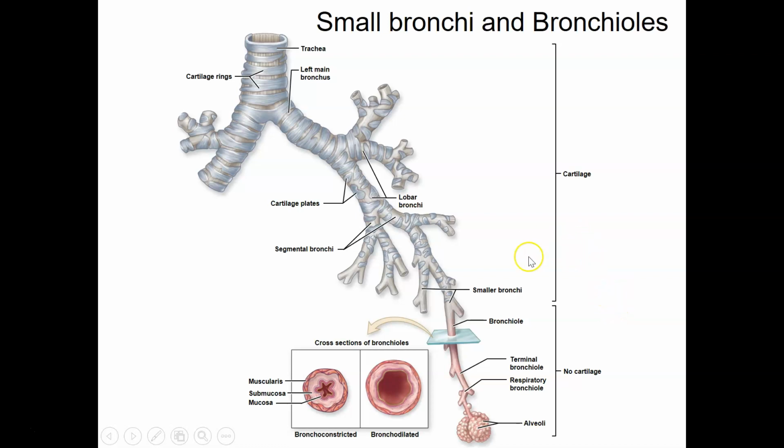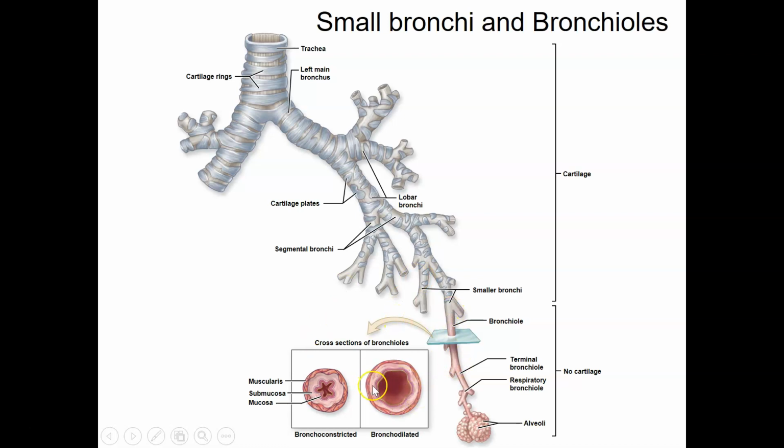Another thing I want to mention is that as you progress through the bronchial tree, the amount of cartilage present in the wall of the tubes decreases. A lot of cartilage is needed to support the open airway in the larger tubes, but in the smaller tubes, that's not necessary anymore. The wall without cartilage is strong enough to support that open airway. And in the bronchioles, there's no cartilage anymore in the wall.